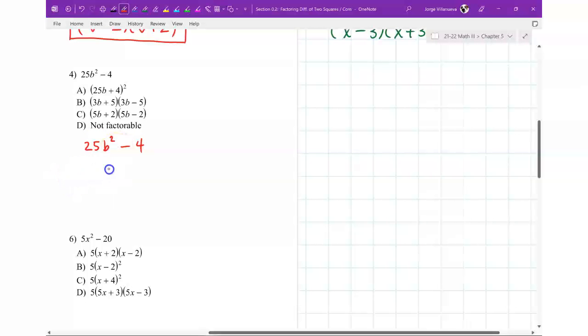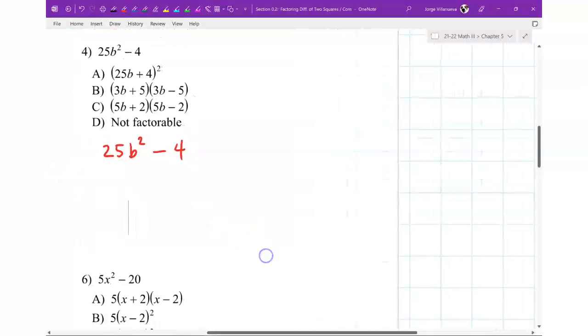Actually, before I even get to this step, I noticed that both terms have numbers, a 25 and a 4. So the first thing I want to ask myself is whether there is anything I can factor out from a 25 and a 4. Do 4 and 25 have a specific number that can divide both of them? The answer is no. They don't have anything in common. I can't divide by 2. I can't divide by 5. It doesn't go into all of them. So in this case, I can't divide anything out. The next one we will be able to, but in this one we won't.